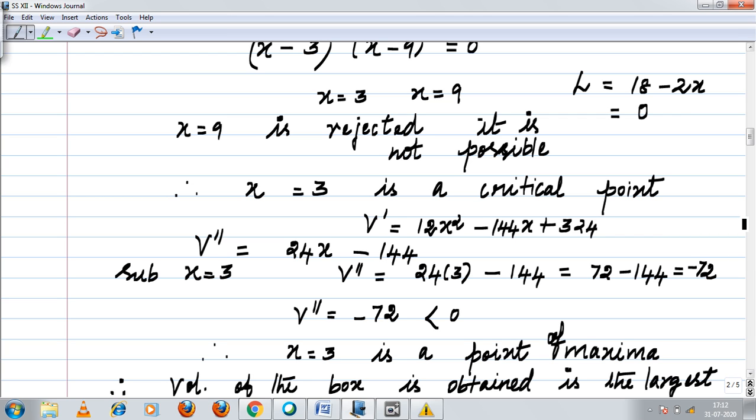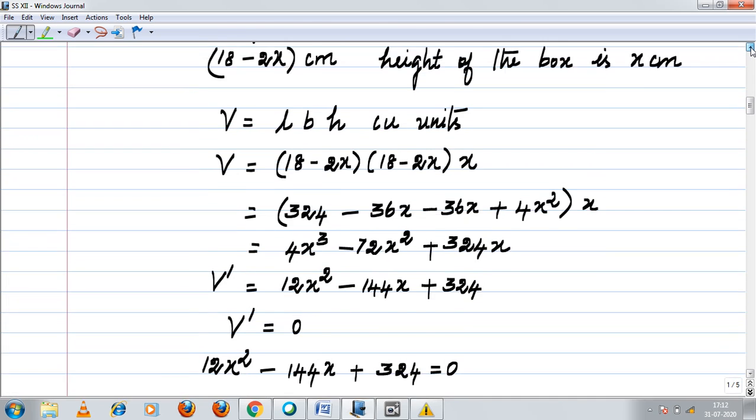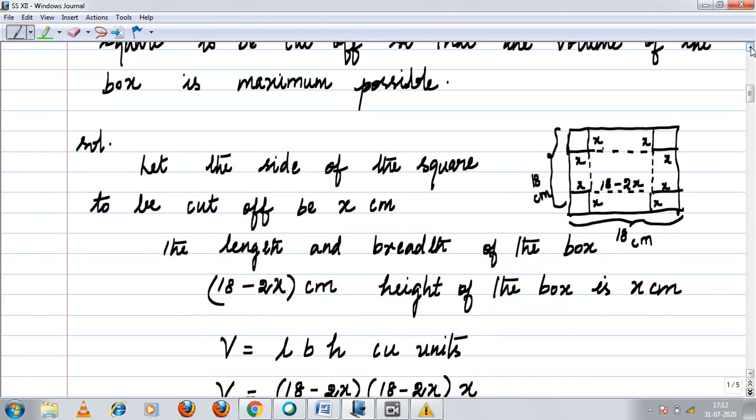I repeat once again. This is your box, a square box of 18 centimeters. In each corner we cut off a small square of side x centimeters. From that we get the length and breadth of the new box as 18 minus 2x, and the height as x.